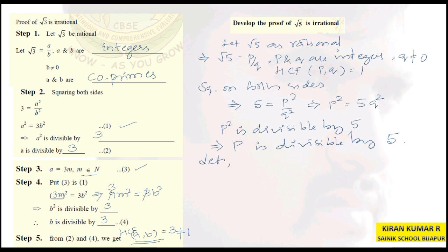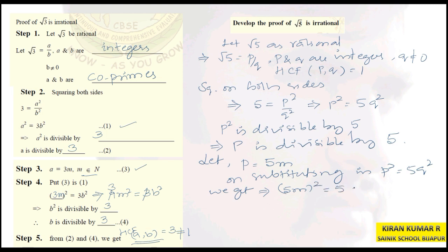So let p be 5 times of some number, say 5m. On substituting in p square is equal to 5q square, we get (5m) whole square equal to 5q square. So 5m square equal to q square.